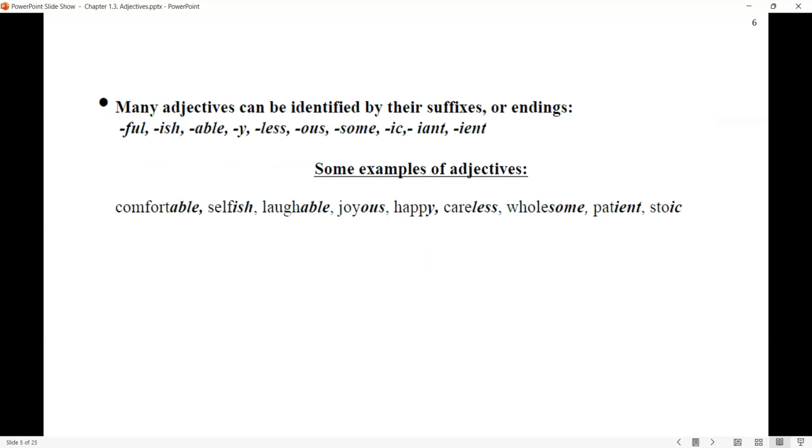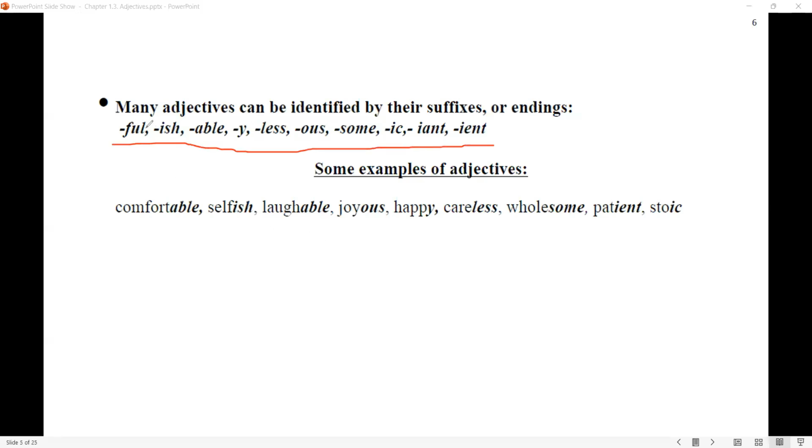Many adjectives can be identified by their suffixes or endings. When you look at the end of a word, you can tell whether it's an adjective or not. These suffixes are mainly used with adjectives.